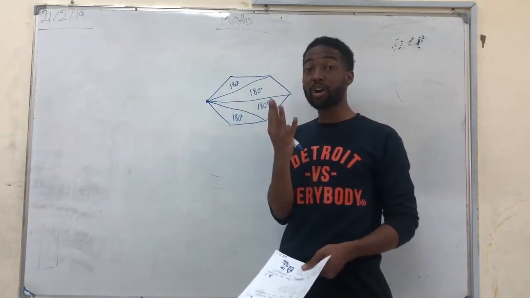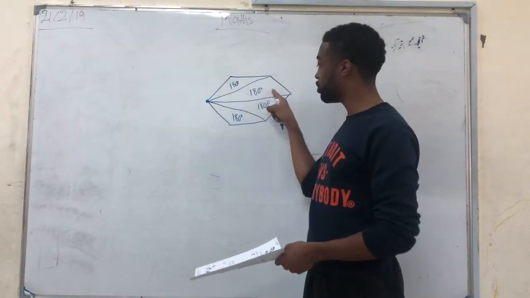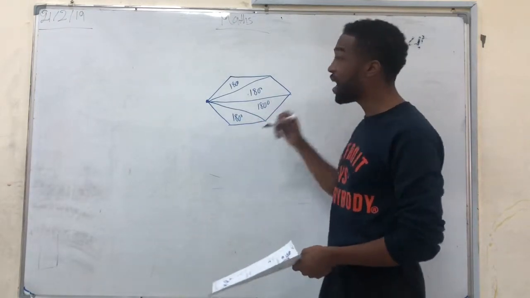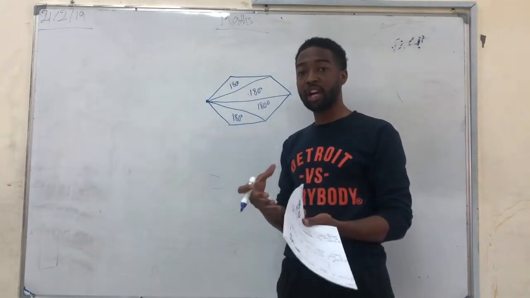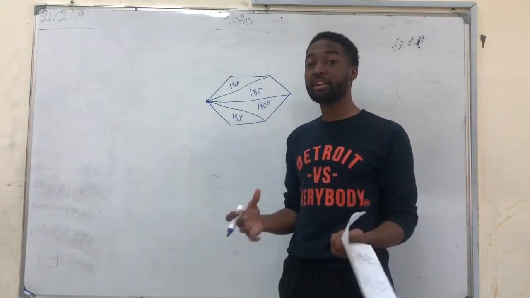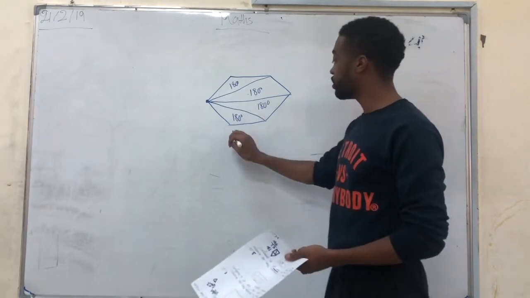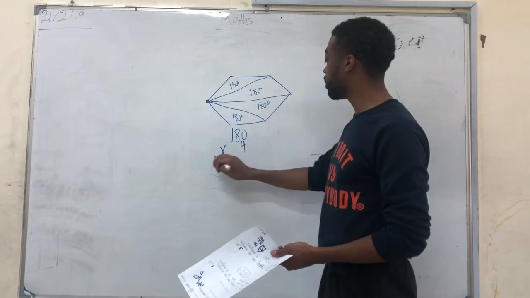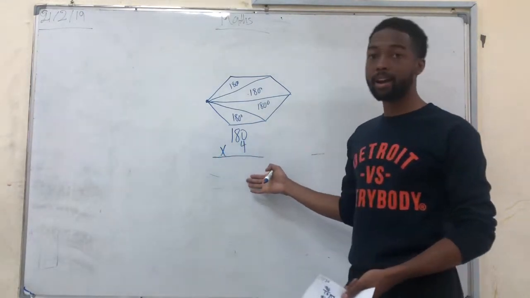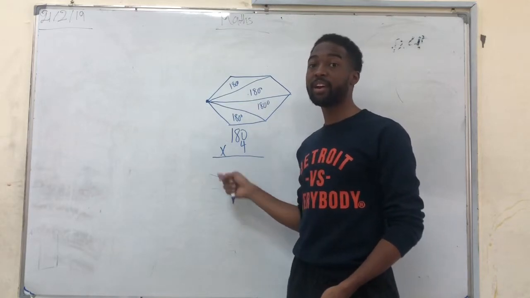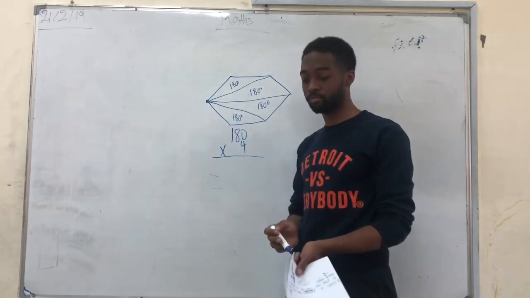That's 4 triangles. 1, 2, 3, 4 triangles. If I add up all of those triangles together, it will give me the total sum of interior angles of a hexagon. So I can go 180 times 4 equals my answer. Okay? You have to finish this answer and bring it back.